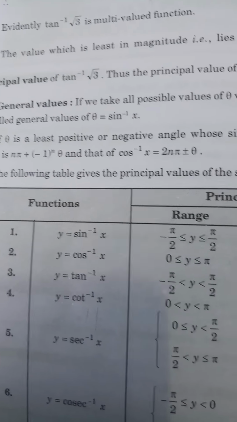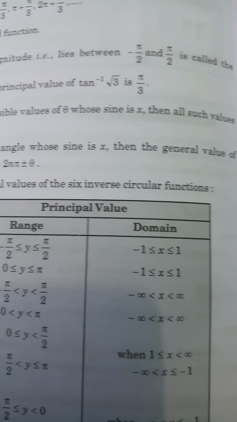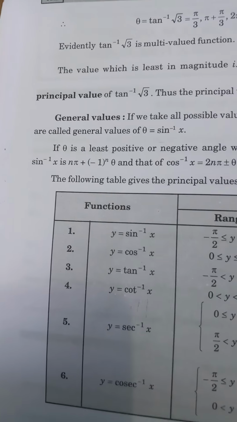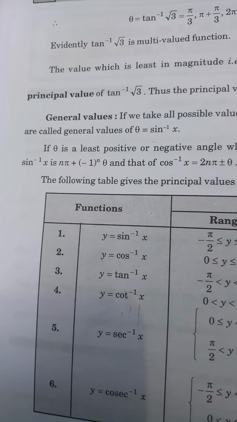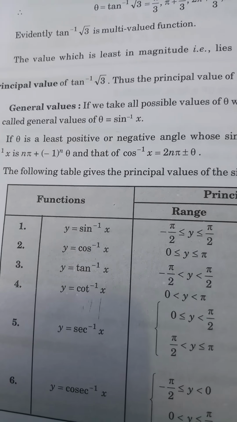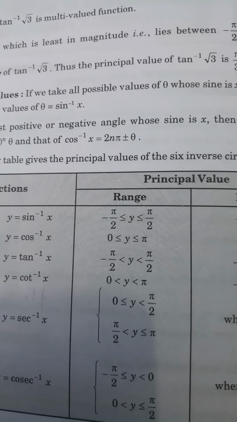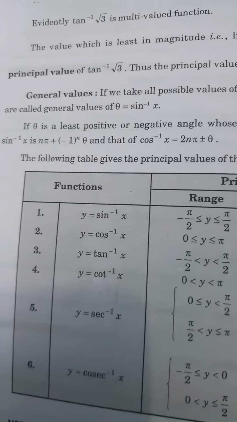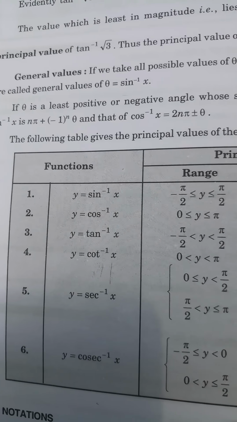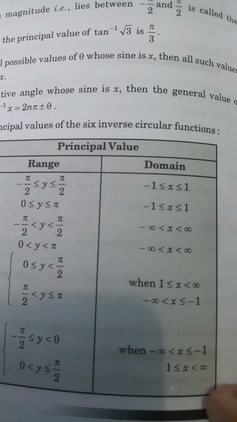If theta is the least positive or negative angle whose sine is x, then the general value of sin inverse x is n pi plus minus 1 to the power n theta, and that of cos inverse x is equal to 2 n pi plus minus theta. The following table gives the principal values of the 6 inverse circular functions.